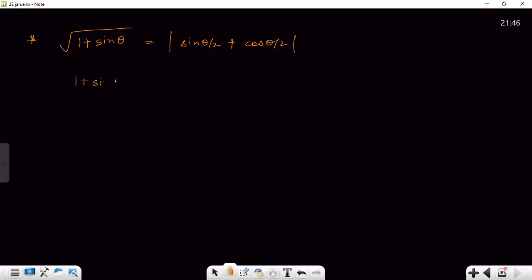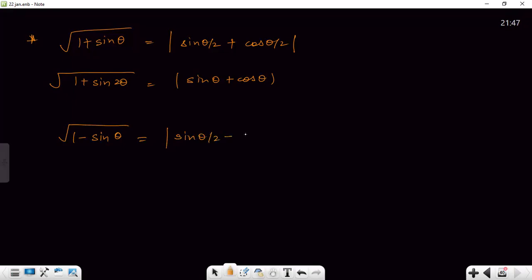Square root of 1 plus sine 2 theta is sine of theta plus cos of theta. We may also change the sign. Square root of 1 minus sine theta is equal to sine theta by 2 minus cosine theta by 2. We may also double the angles.